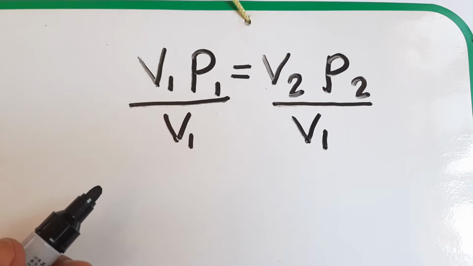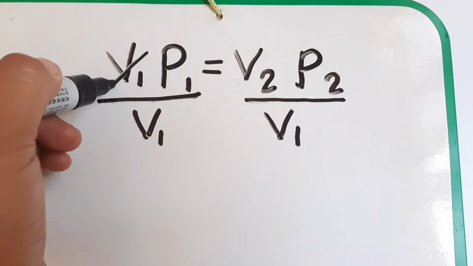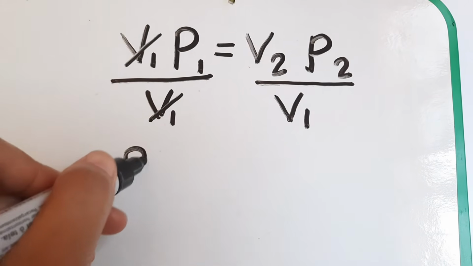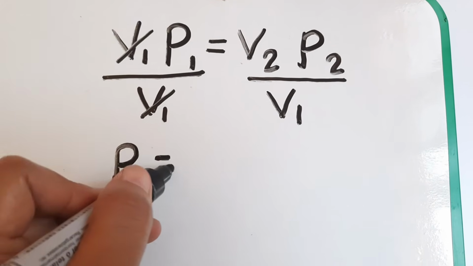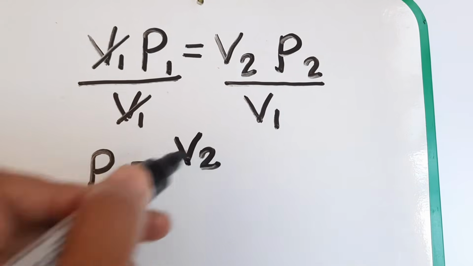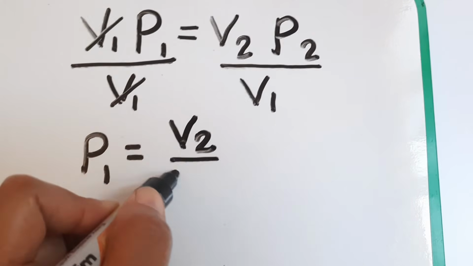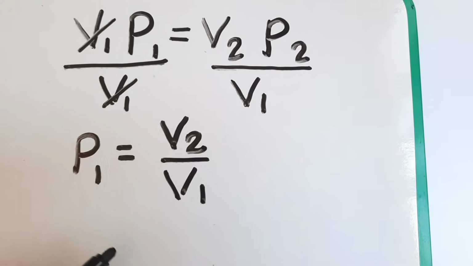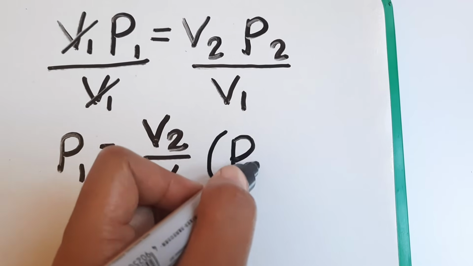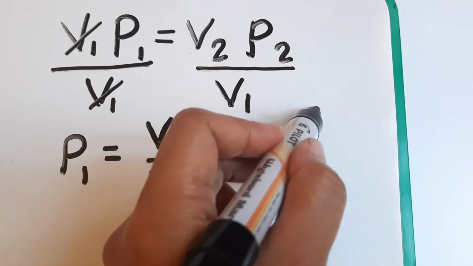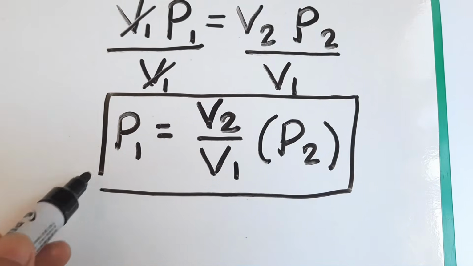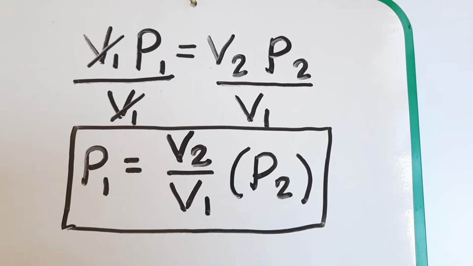In this case, we can now cancel out V1 on the left side of the equation. So, our P1 is equal to V2 over V1 times P2. So, this is now our equation for P1.